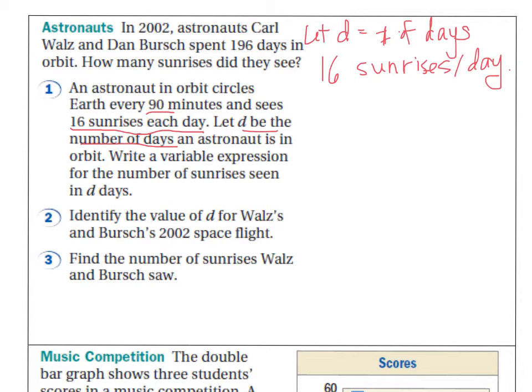Write a variable expression for the number of sunrises seen in D days. So 16 sunrises per day, that makes 16D for the total number of sunrises.